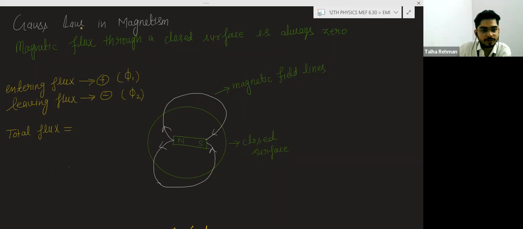So you will write phi 1 minus phi 2, and both the fluxes are equal because the number of field lines entering is equal to the number of field lines leaving. So you will write here phi 1 is equal to phi 2. So total flux will be 0.